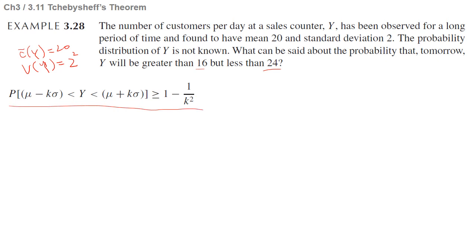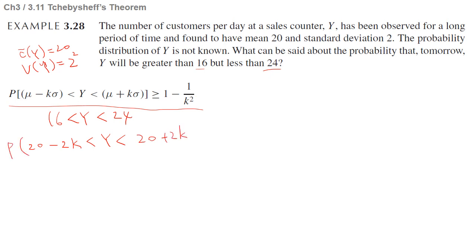We can know the lower bound of the probability of this. And what we want to know is Y greater than 16 and less than 24. So our mu is 20, minus k sigma, which is 2k, and from here, 20 plus 2k.